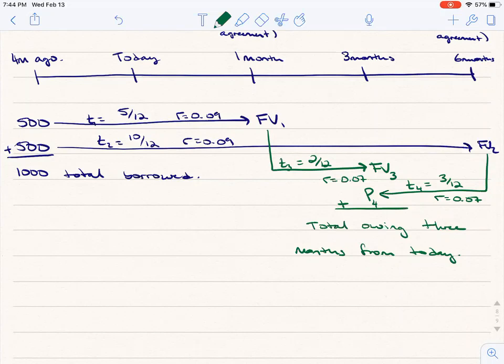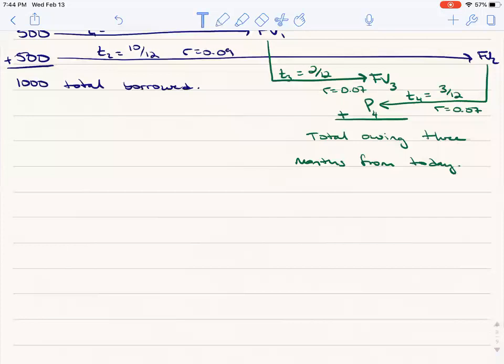To calculate future value 3 and present value 4, that's the end goal. We first have to find future value 1 and future value 2, and then we can work those to future value 3 and present value 4.